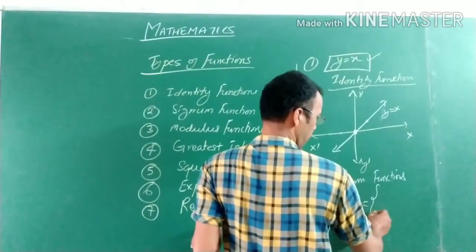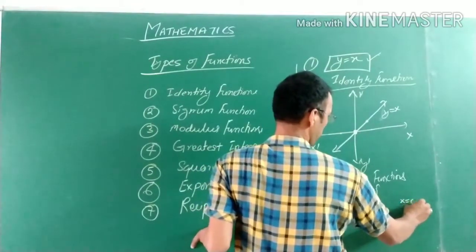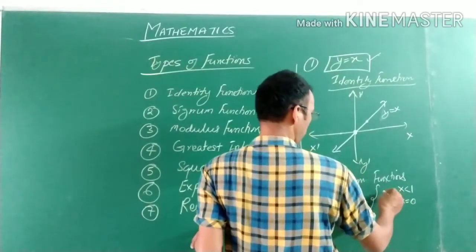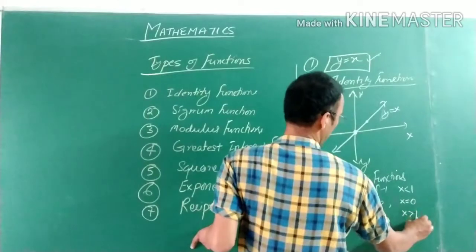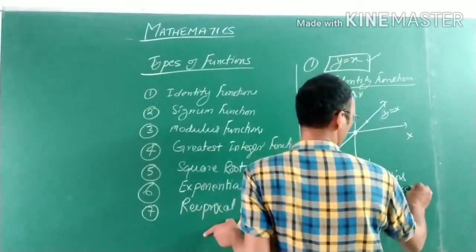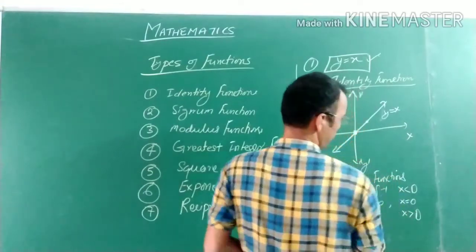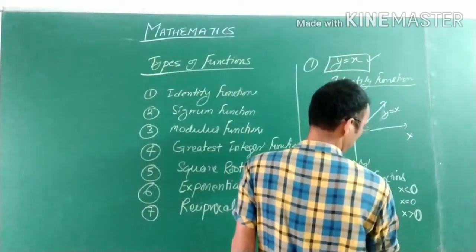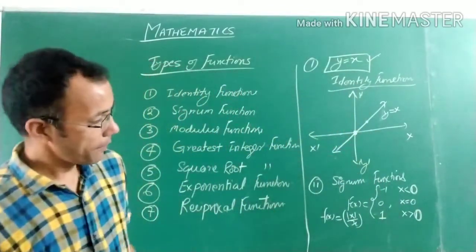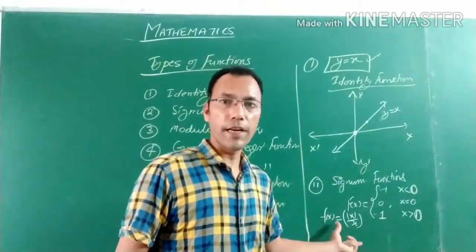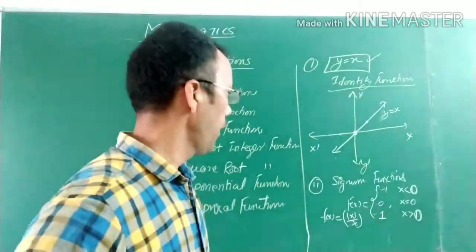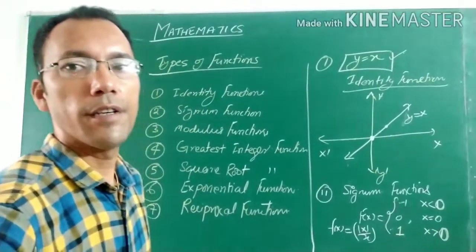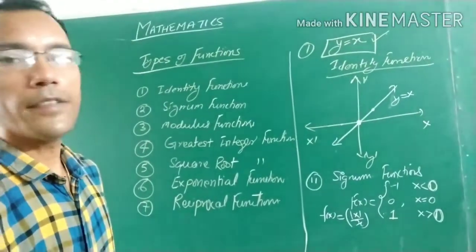So such type of function, f(x) is equal to mod x upon x, that is modulus of x upon x, is defined as: when x is less than 0, it is minus 1; when x is greater than 0, it is 1; and when x is equal to 0, it is 0.